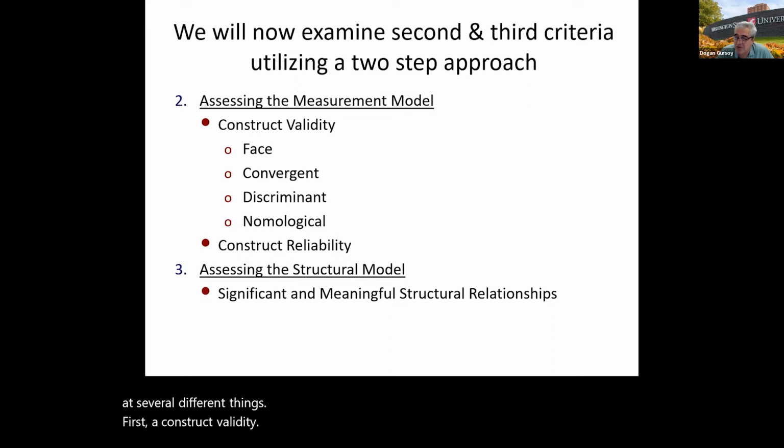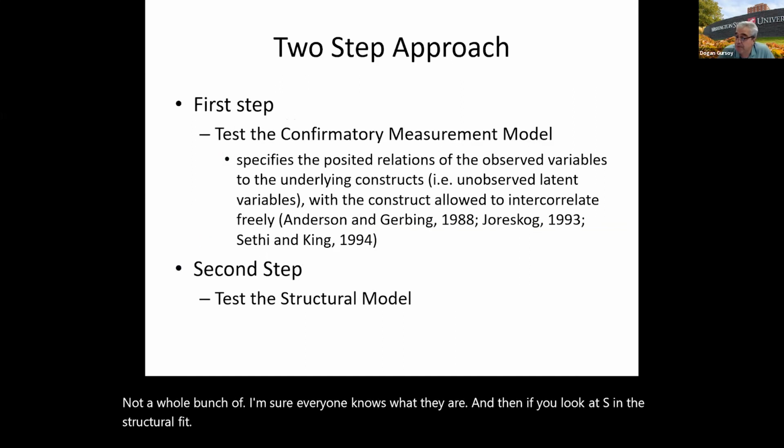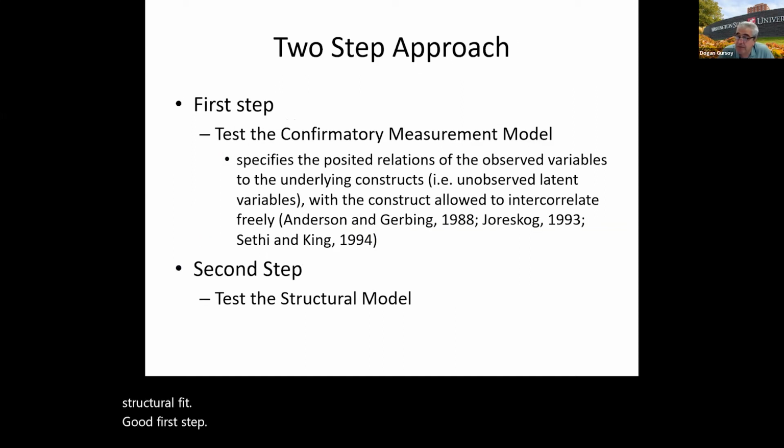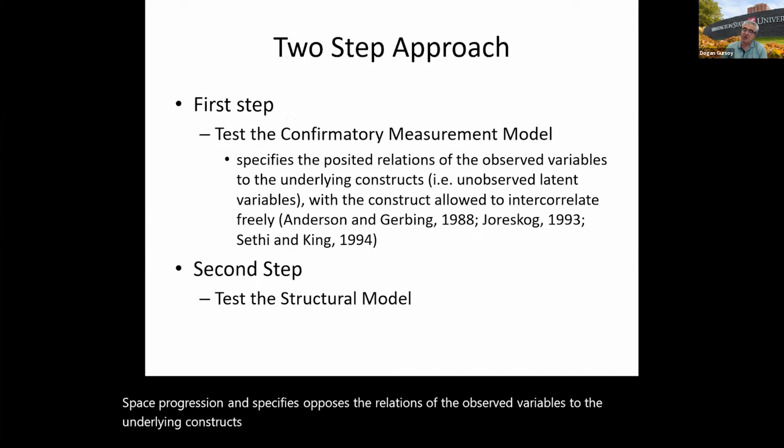And there are a whole bunch of, I'm sure everyone knows what they are. And then we look at assessing the structural fit. Okay, first step. Test the confirmatory model. It's basically regression, and it specifies the positive relations of the observed variables to the underlying constructs. And second step, you test the structural model. Make sure that first you make sure that your constructs are okay.